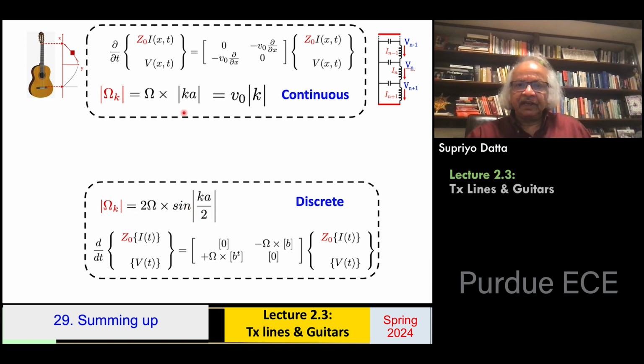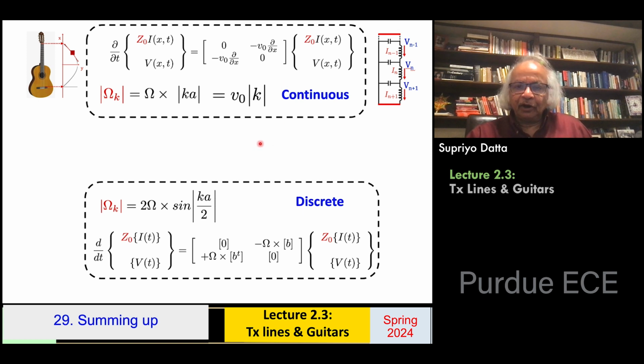But in the continuous case, the dispersion relation is linear in the sense that the oscillators are proportional to k, and the proportionality is the velocity of the wave, that's v0. And instead of having these column vectors, you now have a current which is a function of x and time. Now, there are many systems which are actually continuous, and in that case, this is the more appropriate version.